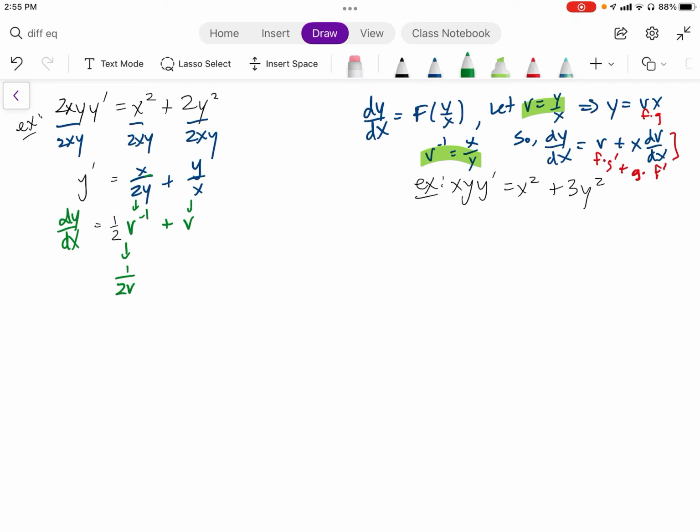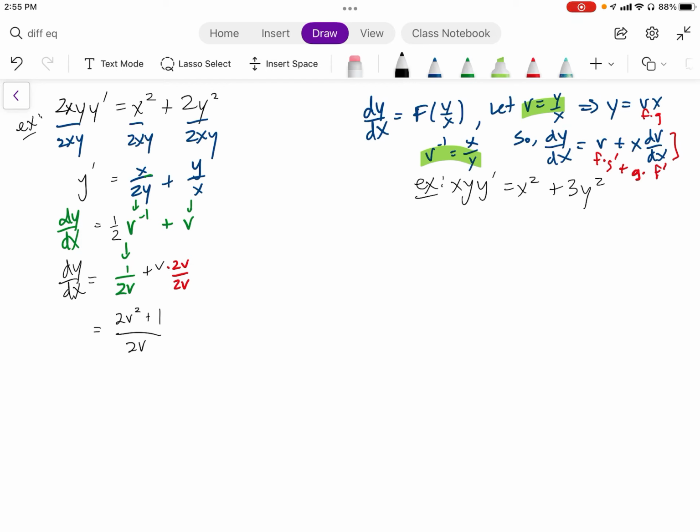We need an LCD: 1 over 2v plus v. I need to multiply by 2v over 2v to get an LCD. And that would be 2v squared plus 1 all over 2v equals.